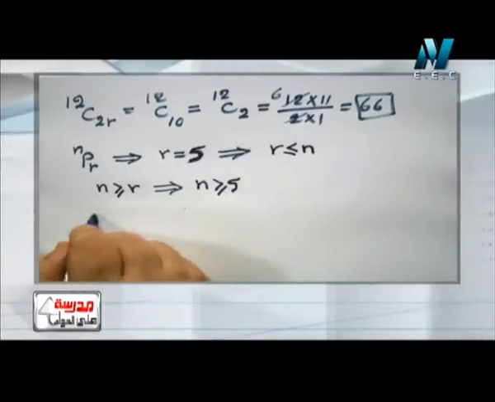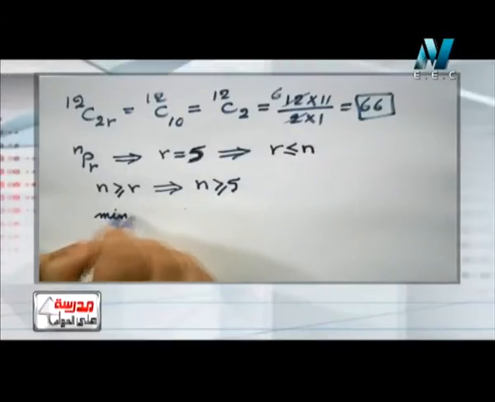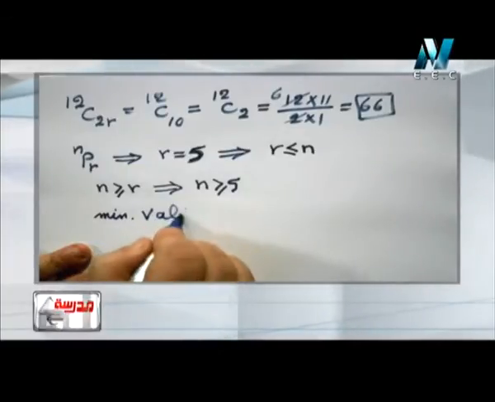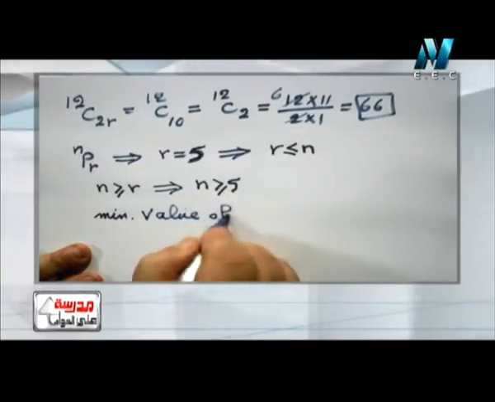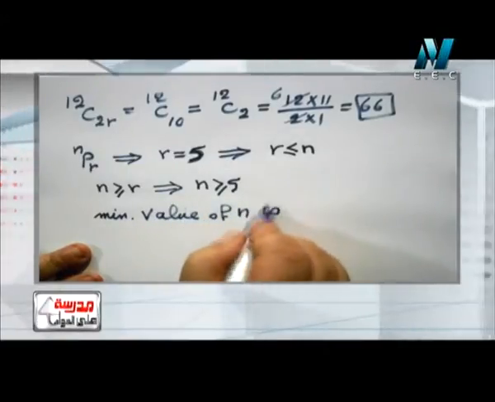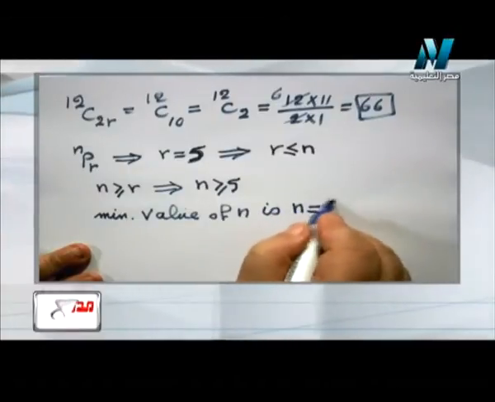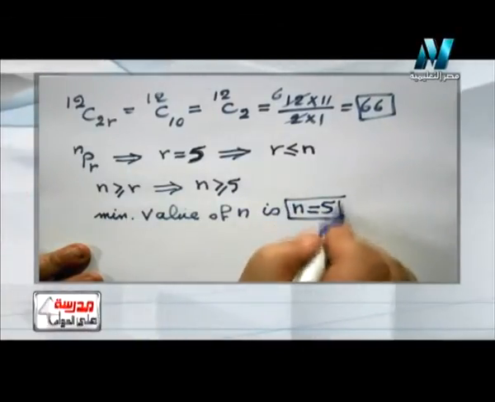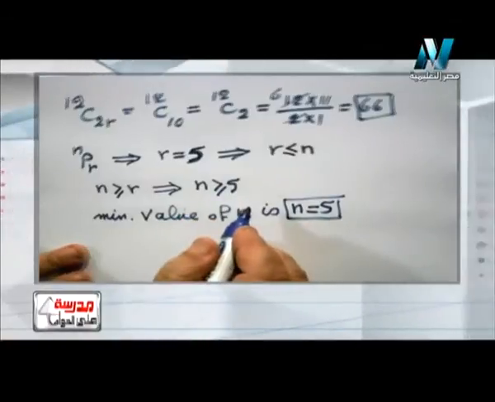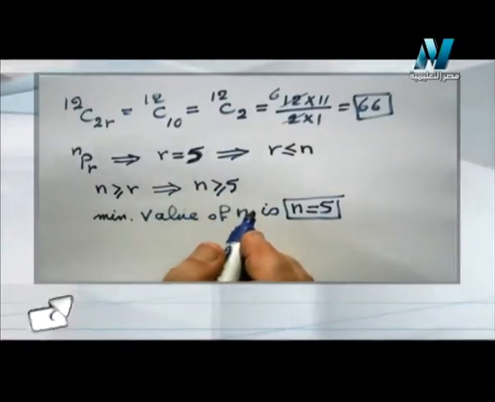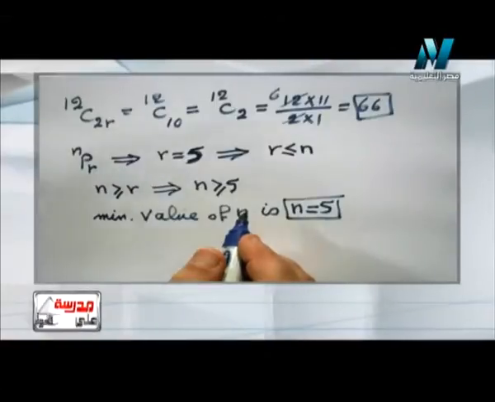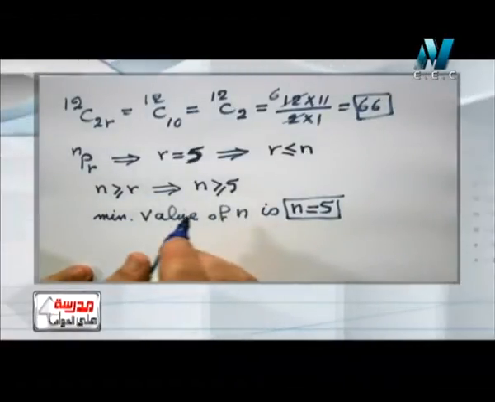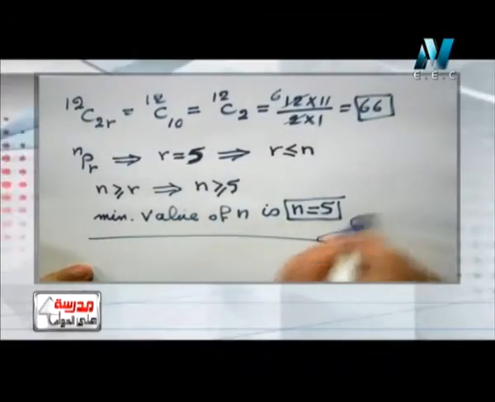The minimum value of n is n equal 5. It begins from 5, then 6, 7, and so on. Therefore, the least value of n is n equal 5.